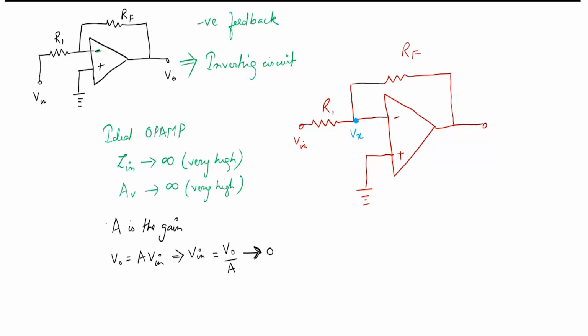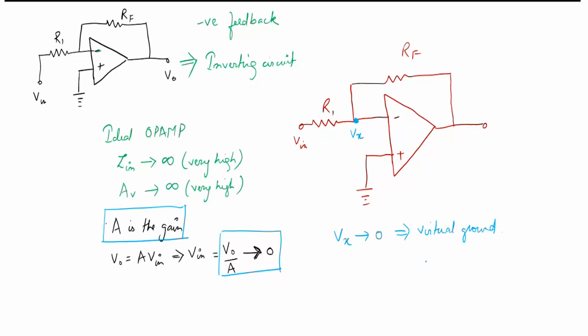Vx is the voltage which is going to the op-amp. Because of this condition, we can take Vx to be almost 0. Can I say it like this? And this is what we call the virtual ground.